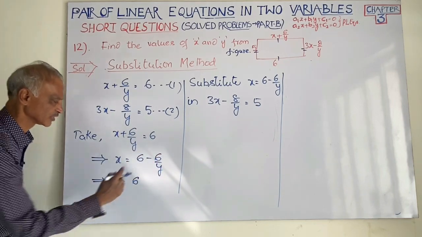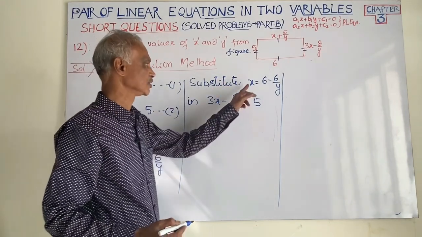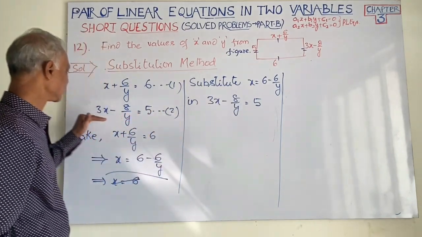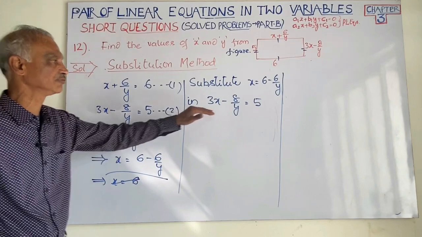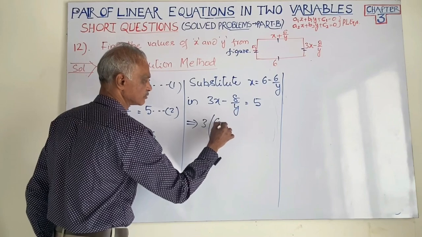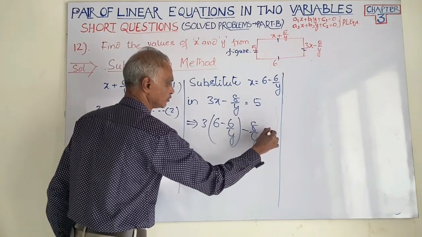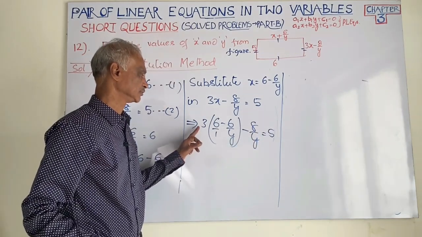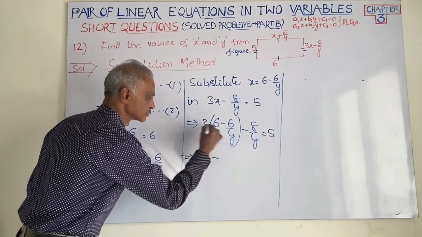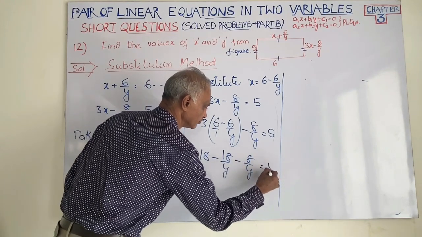You substitute the value of x is equal to 6 minus 6 by y in the second equation, 3x minus 8 by y is equal to 5. See, 3 into, what is the value of x? 6 minus 6 by y, minus 8 by y is equal to 5. Multiply: 3 into 6, 18, minus 18 by y minus 8 by y is equal to 5.